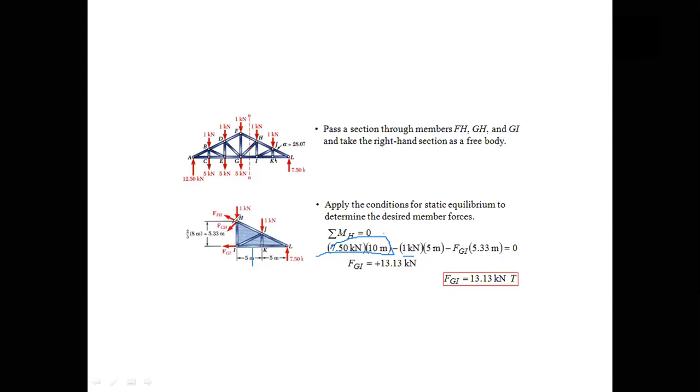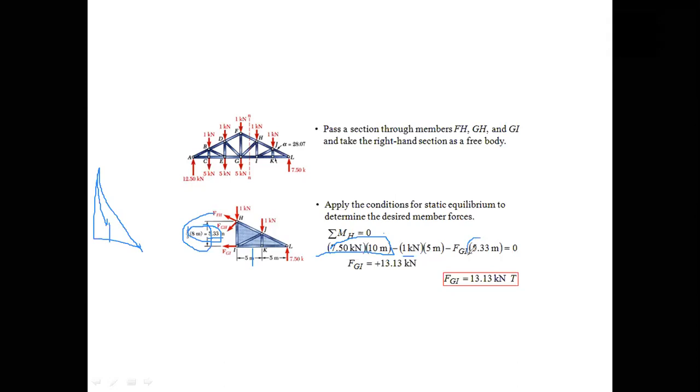The total is 8 meter, so it is 2 by 3 into 8. In any triangle, this point is at 1 by 3 and this is the point at 2 by 3. That is why it is 2 by 3 into 8 meter, which is equal to 5.33 meter.